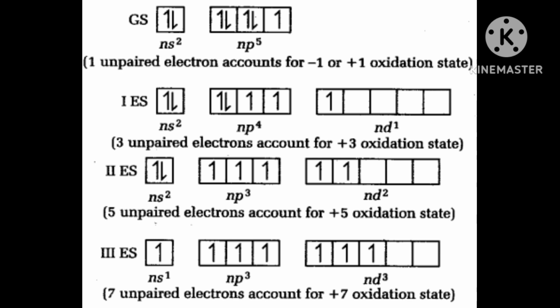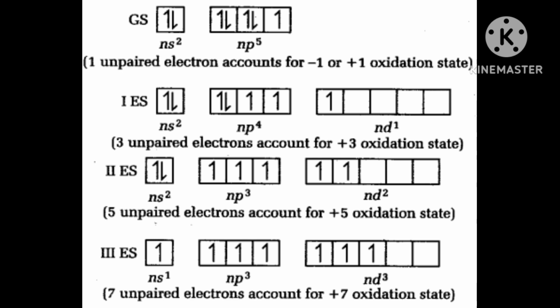Now in the first excited state, after excitation, the electron from px, leave it, py with 2 electrons, will excite, meaning after getting energy it will excite and go to the d orbitals.